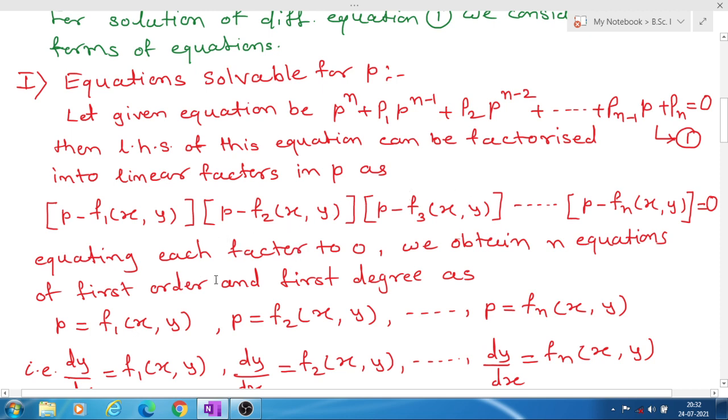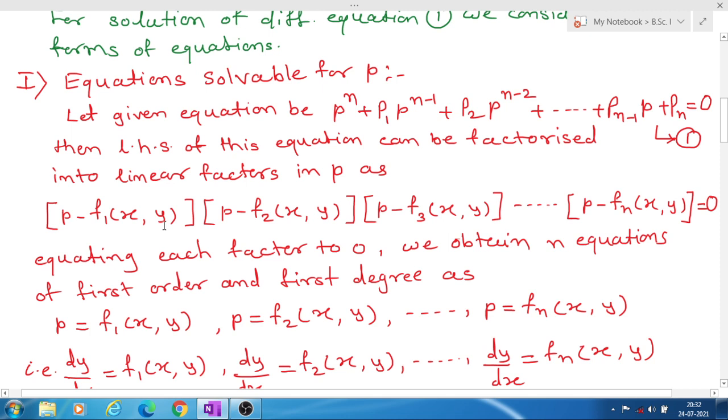Similarly here, since these coefficients are functions of x and y, factors will be in this form: p minus some function of x and y, suppose it is f1, then the second factor p minus another function of x and y, say f2, then the third factor p minus f3, ... the nth factor will be p minus fn of x and y, that is any other function of x and y.